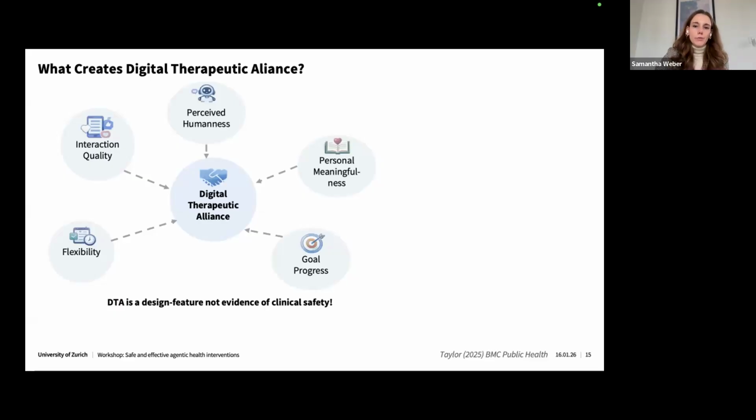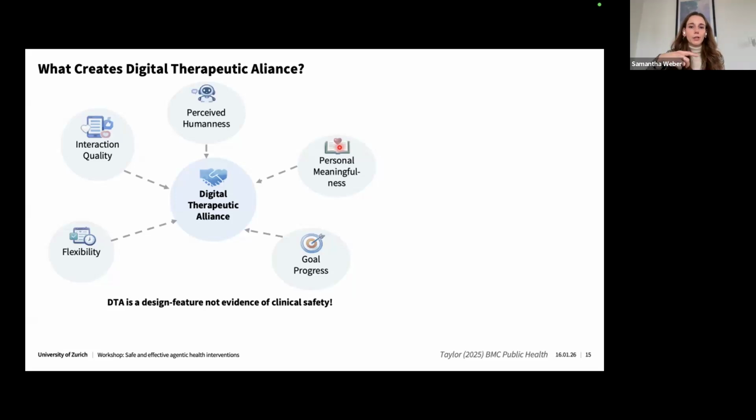It seems to be primarily driven by design features such as flexibility, interaction quality, or personal meaningfulness, and not necessarily therapeutic competence. This means that the digital therapeutic alliance can be very strong, even when the clinical reasoning is extremely weak.